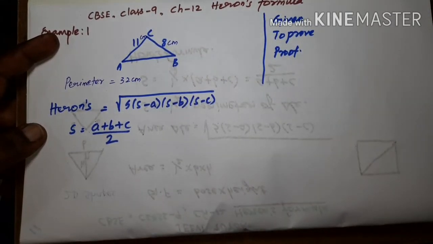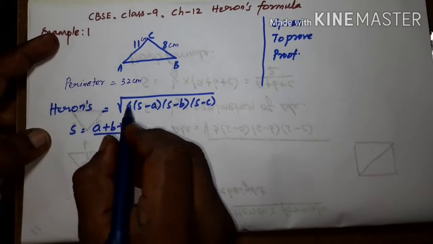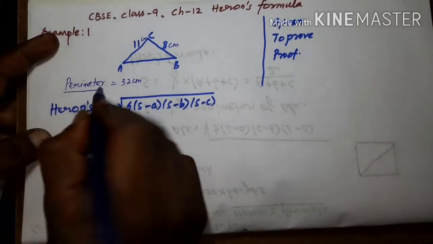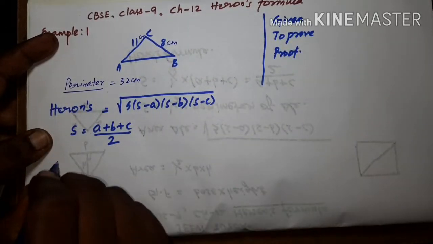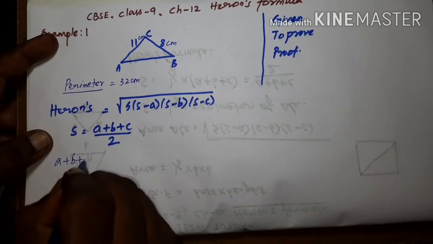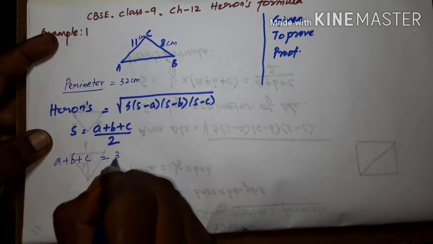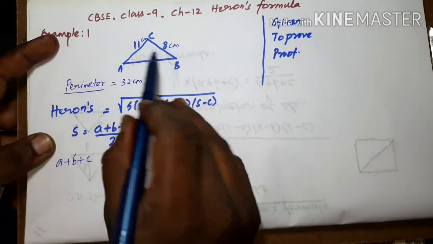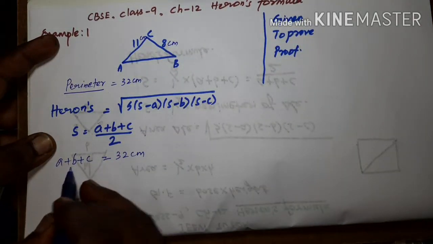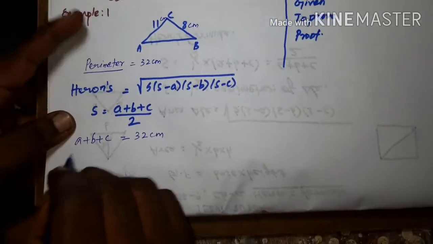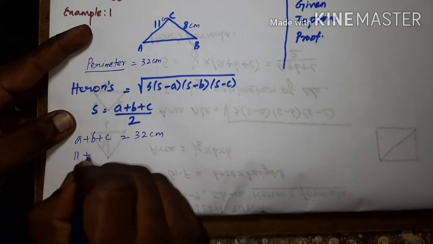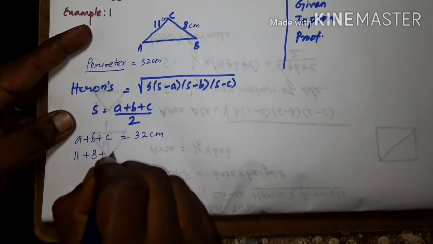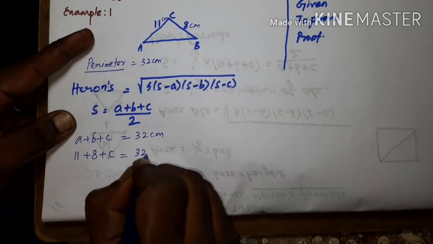I know the 2 sides in this question, I need to find the third side value. And what is given in the question is the perimeter. Perimeter formula is a plus b plus c. The value they gave is 32 centimeter. So I'm going to consider the given 2 sides as a and b. So a side value is 11 centimeter, so 11 plus b value is 8 centimeter and c is the unknown value, which is equal to 32 centimeter.